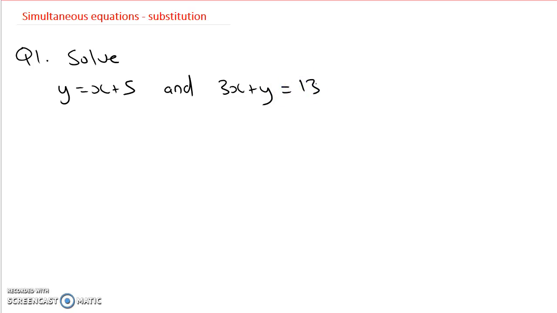So we've got a pair of equations here, and we want to solve them simultaneously. So we want to find a solution that satisfies both of these equations. The first thing that we can do is just to write them out and label them equation 1 and equation 2.